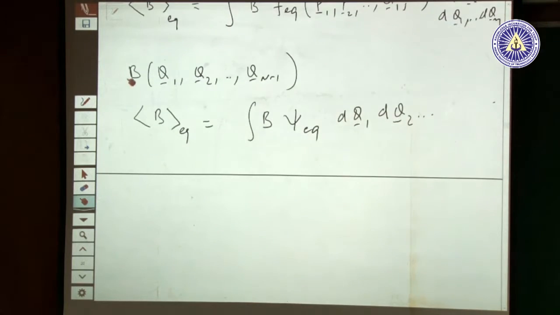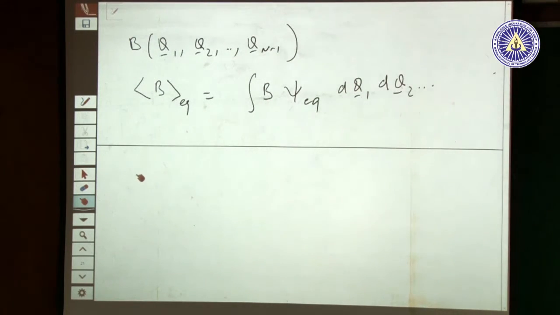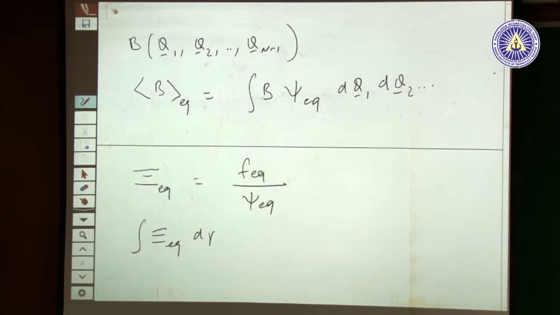Okay, I actually need a couple of steps to show you this, and I have kind of rushed through. Remember, I defined the momentum space distribution function, right, as F equilibrium over psi equilibrium. So, this clearly is normalized, because if I integrate out the momentum from the numerator, I get left with the denominator, because that is how we define psi equilibrium, right.